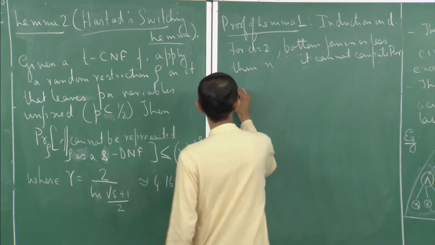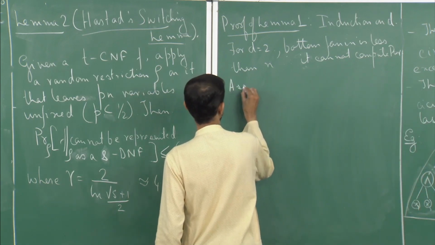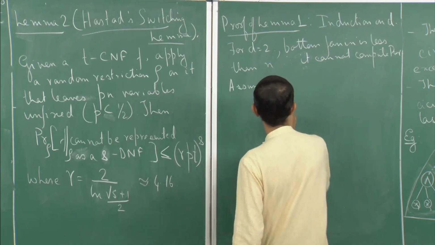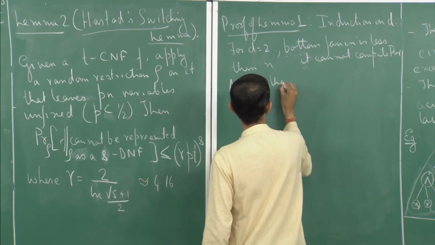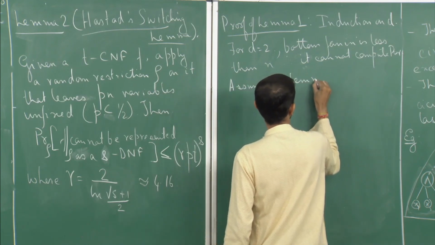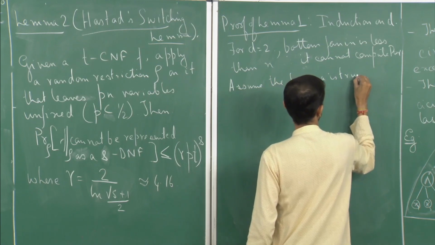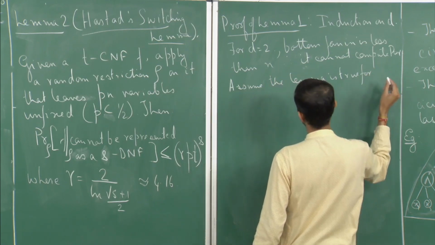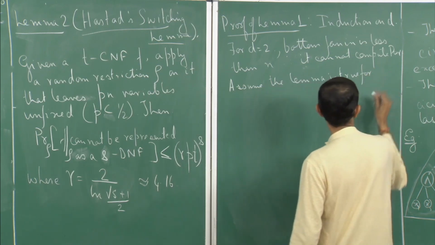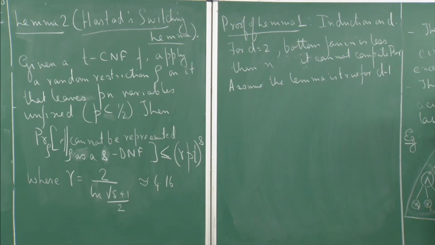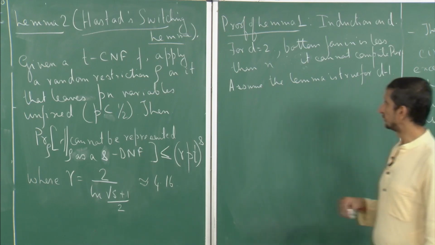Now, let us assume the lemma is true for some D minus 1, okay, greater than or equal to 2.